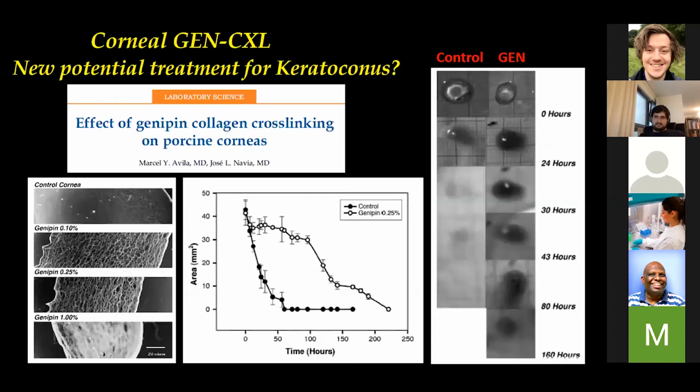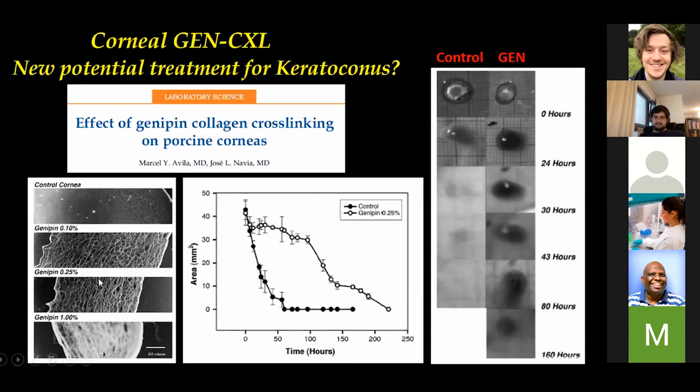With respect to the use of genipin to cross-link the cornea, Dr. Avila and Navia have been the first to report the successful application of genipin for the cornea, and they have reported that genipin can actually provide a corneal stiffening effect similar to the conventional UV approach. However, it is very important to mention that with genipin cross-linking, we don't need the radiation. So it is very important.